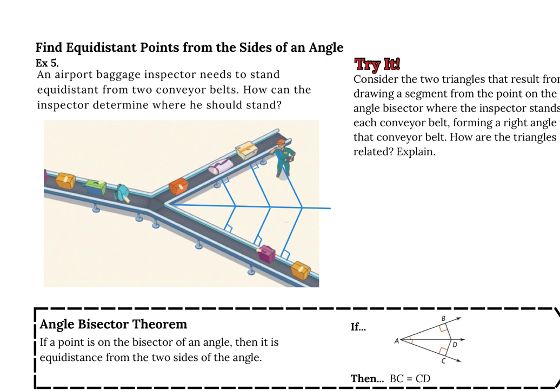Okay, so we've got our airport baggage inspector, and we now have the line that shows where he can stand to be evenly spaced in between the 2 conveyor belts.